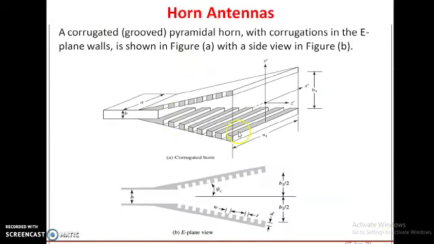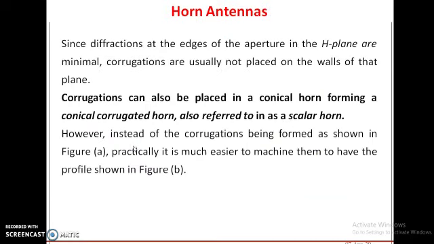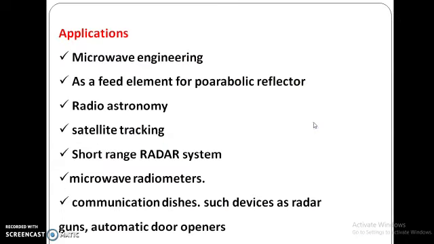This is the picture view of the corrugated horn, and this is the E plane view, that is B1 by 2, B1 by 2. This is B and this is A1, or capital B and capital A, and these are the grooves to be drawn. Finally, corrugations can also be placed in a conical horn forming a conical corrugated horn, also referred to as a scalar horn.